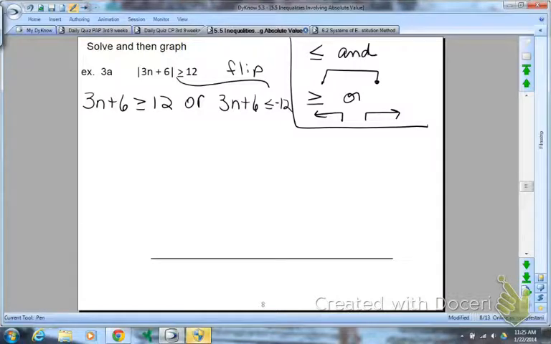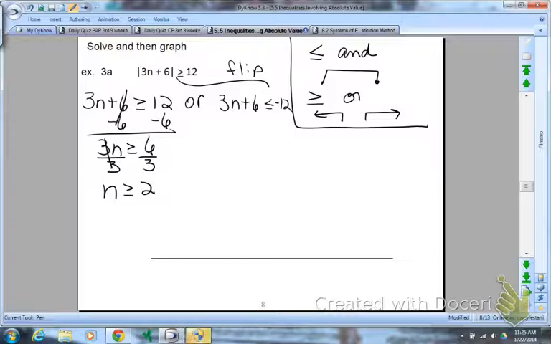Okay, now we have two equations. We have to solve each one. We subtract 6 on both sides, so 3n is greater than or equal to 6. Divide by 3. n is greater than or equal to 2. Subtract 6 on the other equation. It's 3n is less than or equal to negative 18.